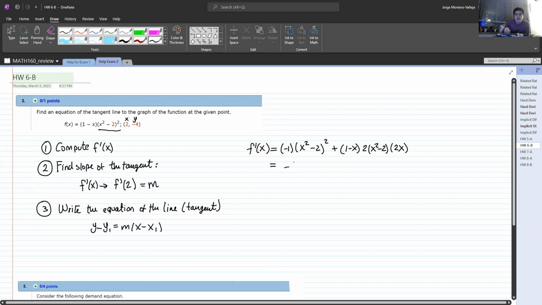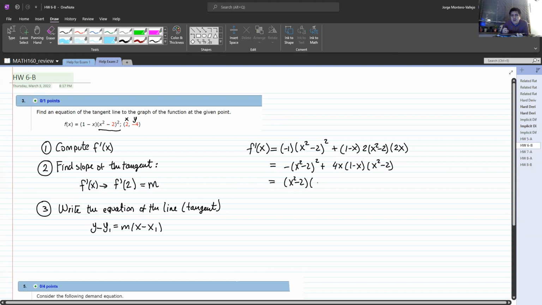We get minus x squared minus 2 squared, and then plus, we get here what? Let's see, 4x times 1 minus x times x squared minus 2. We can simplify this, pull out x squared minus 2 from both, right? Because there is 1 at least on each term.